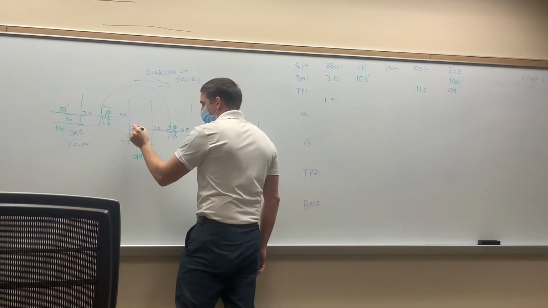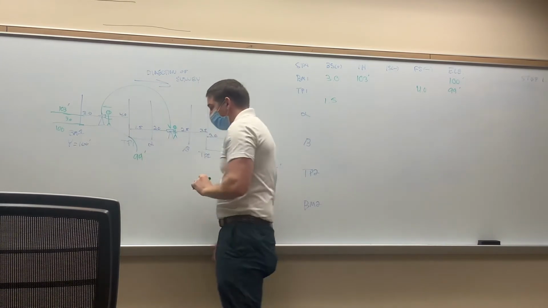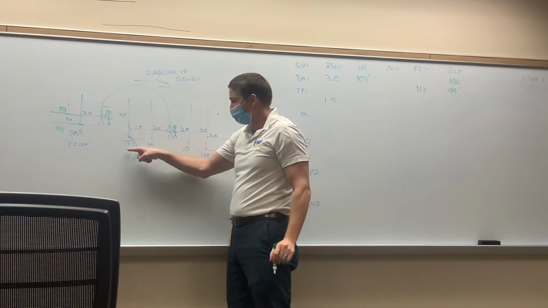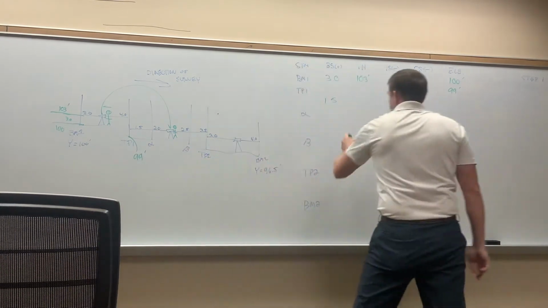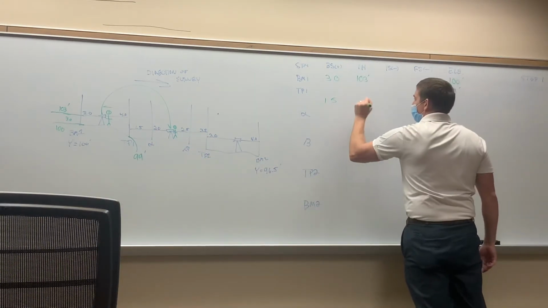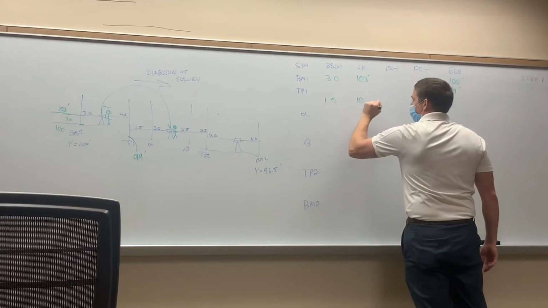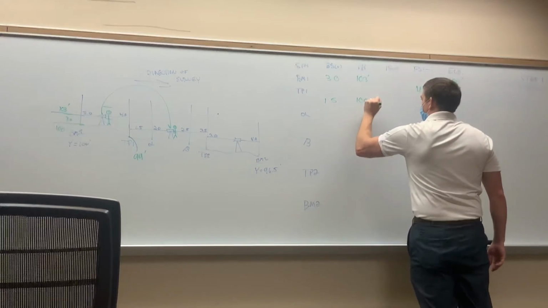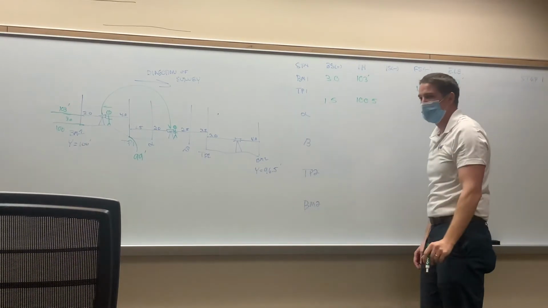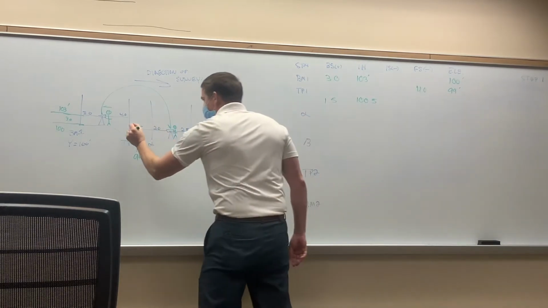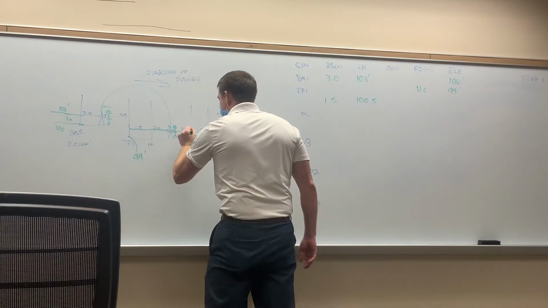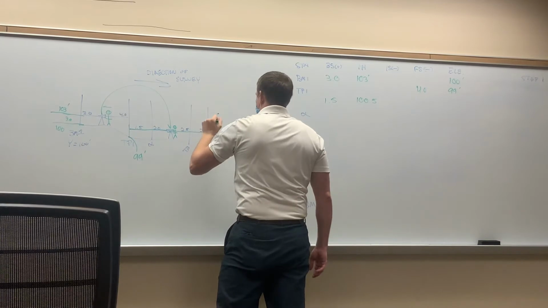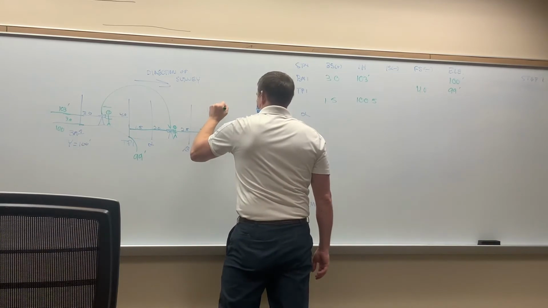I'm looking backwards and seeing that my instrument is 1.5 feet above 99 feet. So my new instrument height is therefore, that means that the elevation of this line is 100.5.